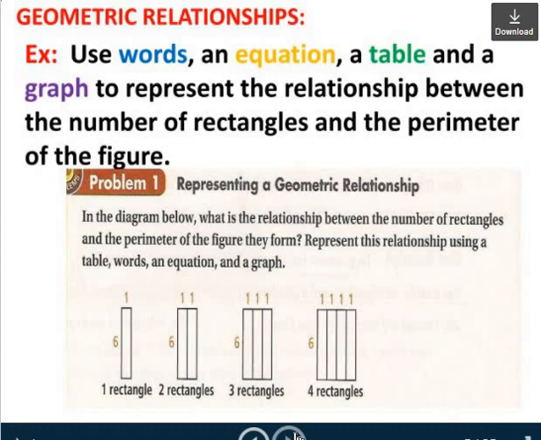We are looking for a pattern between them, or a description between them using words, equation, table, and graph. We will use these four parts and we will see how. I want you to know that we are looking for a relationship within the same figure: how to find a relationship between x and y in the same figure. We will decide what x will be, for example in the rectangle, and what y will be.